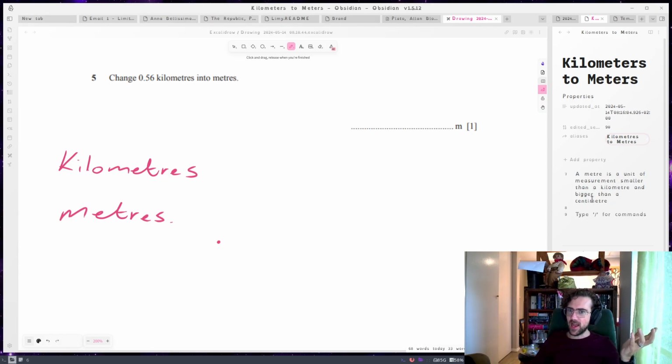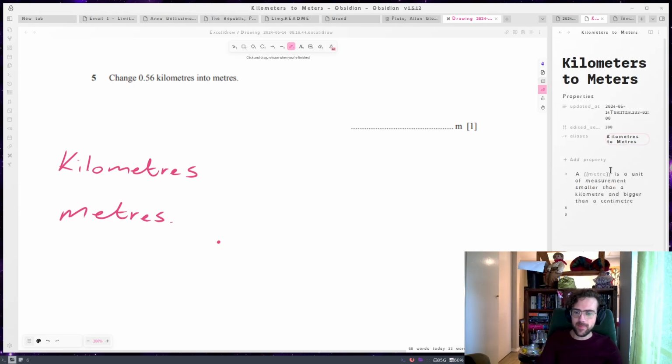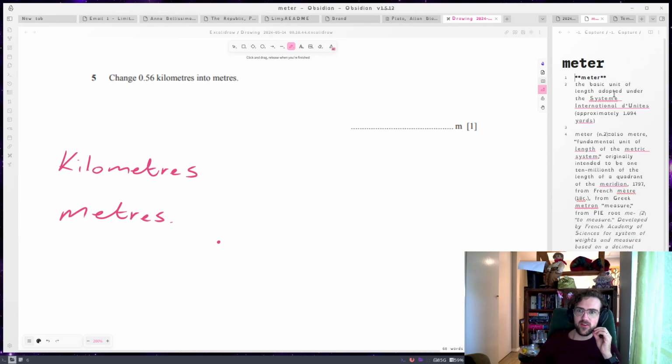Okay, so let's look at the word meter. Meter is a basic unit of length adopted under the Systeme International units, and it's approximately 1.094 yards. So that's a meter.